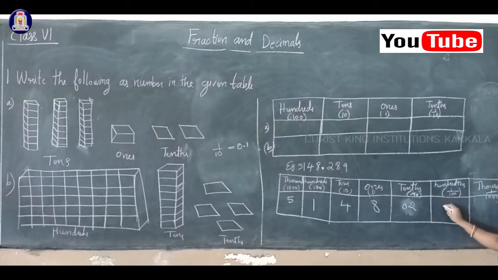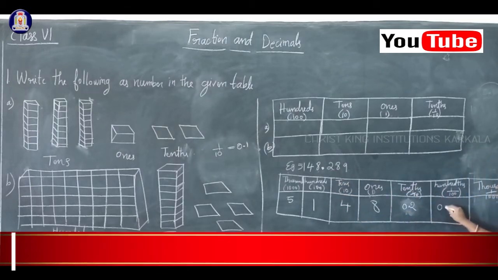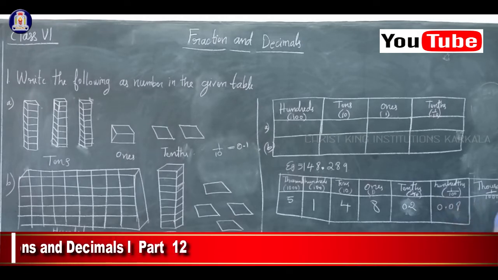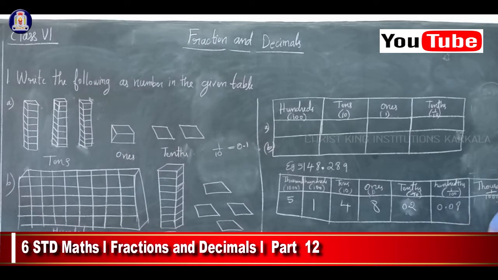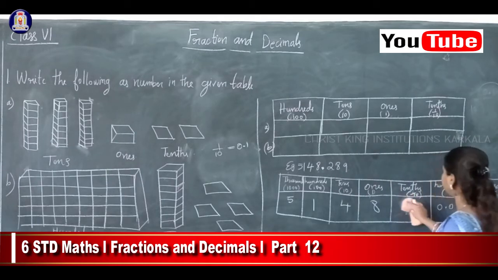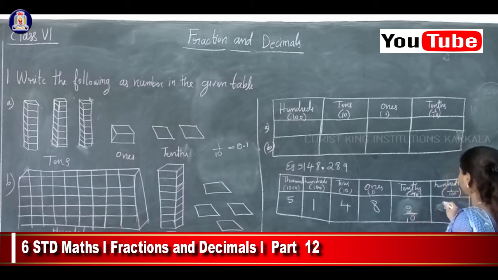Next, this is in the hundredths place, so 0.08. Next 0.009. So it continues like that. This is the thousandths place. Or directly we can say 2 is in the tenths place, which is 2 by 10, and this is 8 by 100, and this is in the thousandths place, so 9 by 1000.